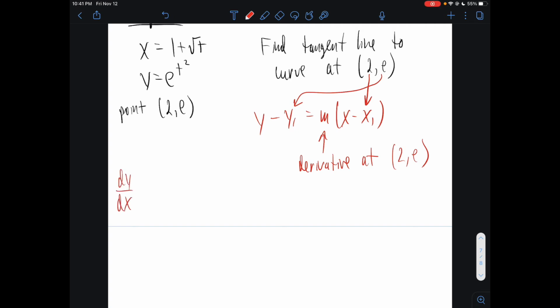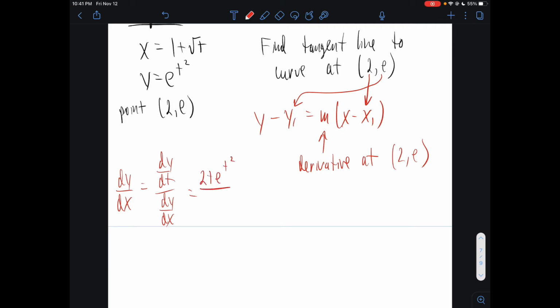That would be dy dx. That's going to be dy dt divided by dx dt. The derivative of y with respect to t is going to be e to the t squared, but then times the derivative of t squared, which is 2t.